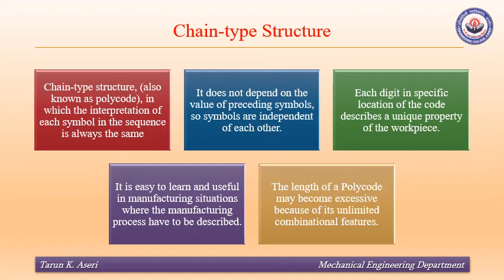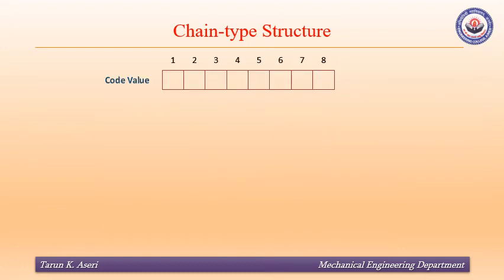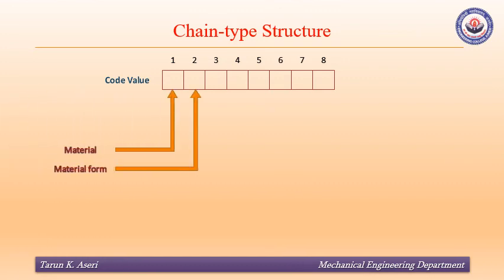Let's look at an example so you can understand easily in the next slide. For example, we are going to define an 8-digit code for a part. The first digit belongs to material. The second digit belongs to material form, solid, liquid, etc. Third digit, material property.